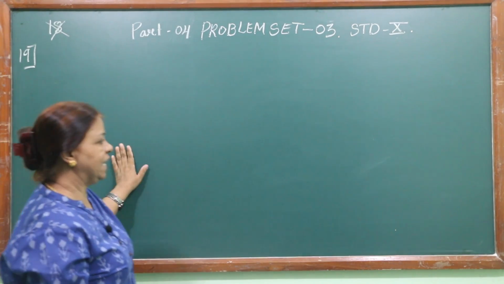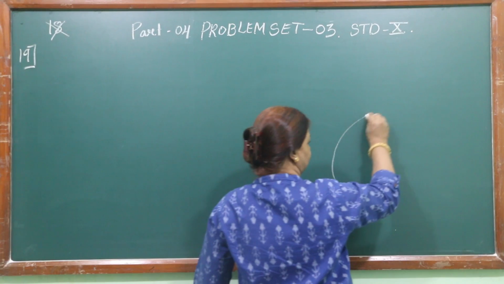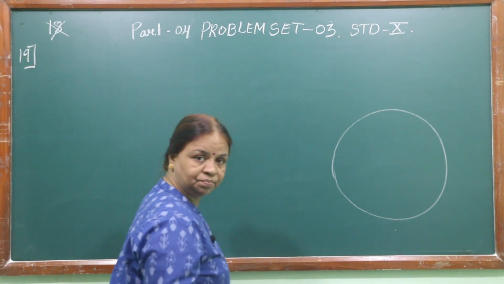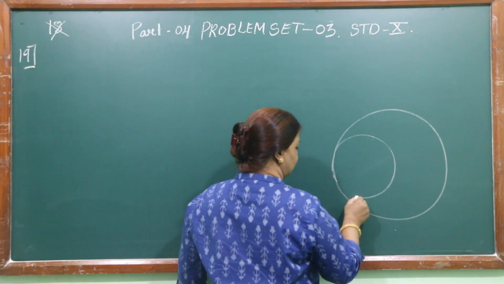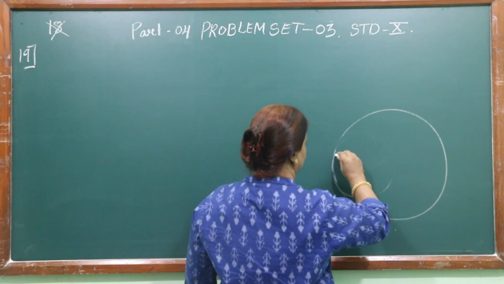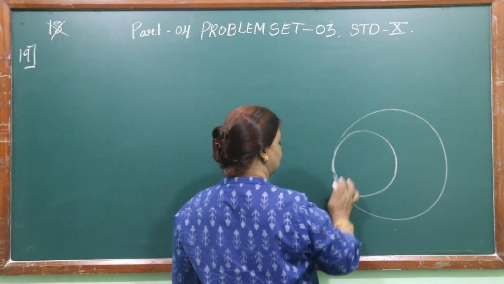What does this sum say? According to this sum, there are two circles. There is a large circle and there is a smaller circle.